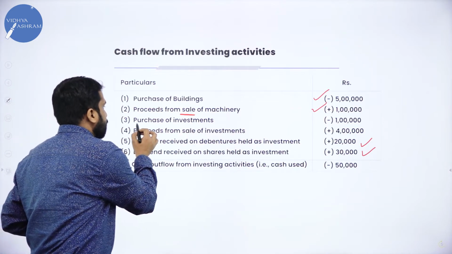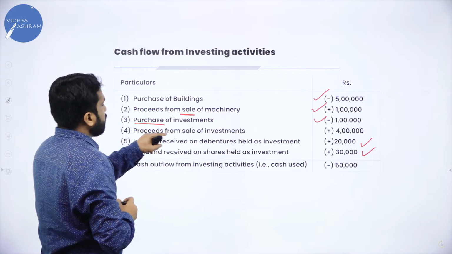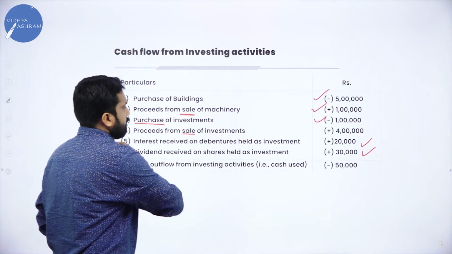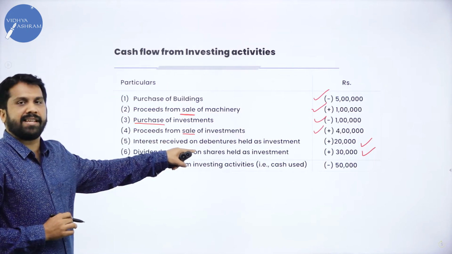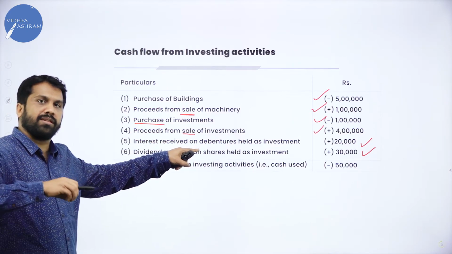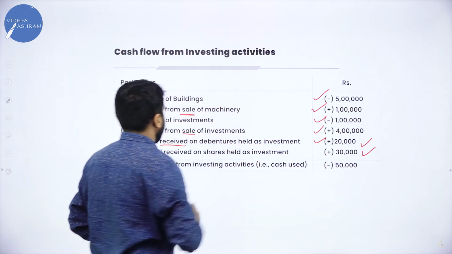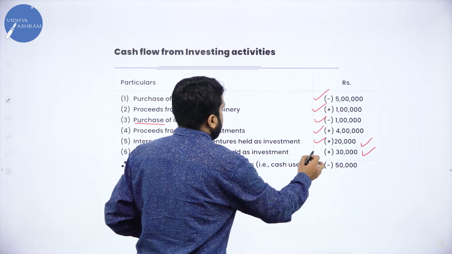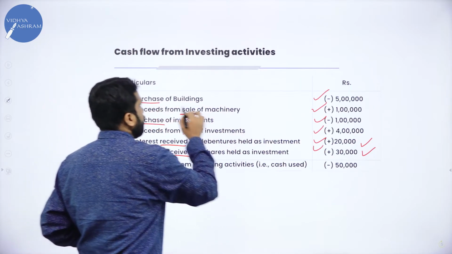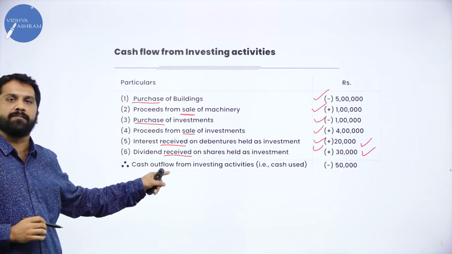The word purchase, minus. Proceeds from sale, the word sale, plus. Interest received: as I told you earlier, anything which is received is always plus. Dividend received, the word received, so plus. Here purchase, it is minus. Simple calculation.